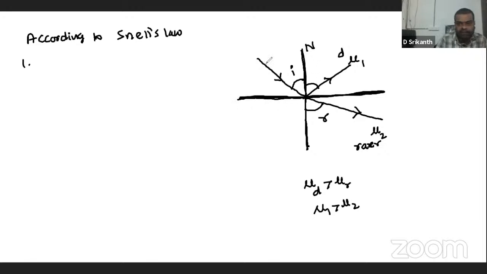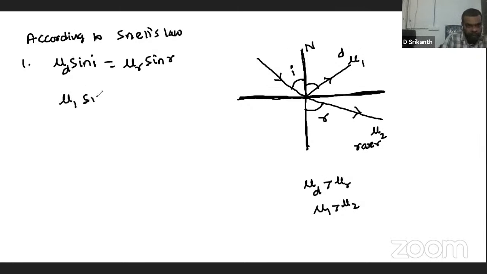The light ray is going from the first medium to the second, denser to rarer, so I can write mu d sine i is equal to mu r sine r. Here the denser medium has refractive index mu1, so mu1 sine i is equal to mu2 sine r. So sine i by sine r is equal to mu2 by mu1.